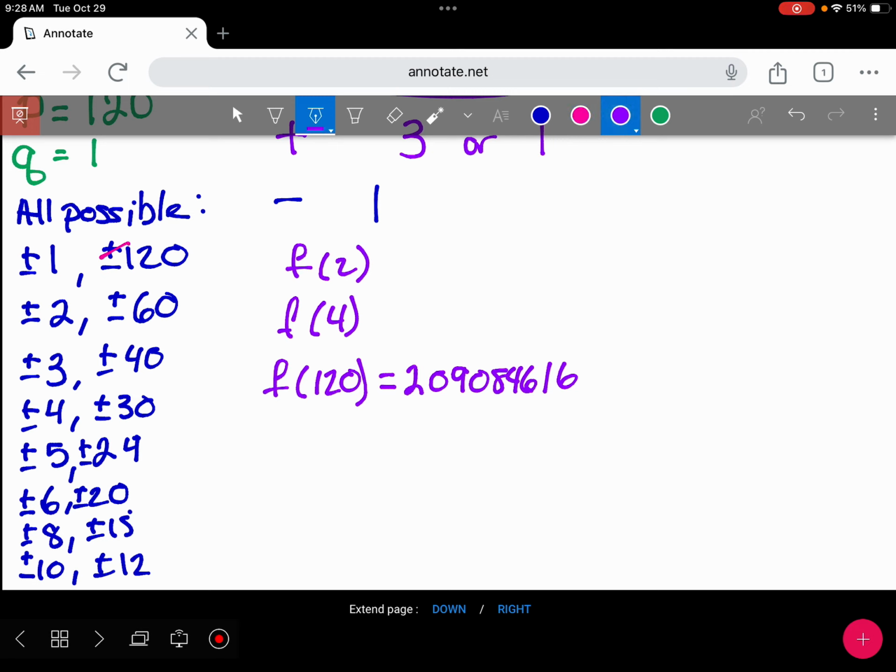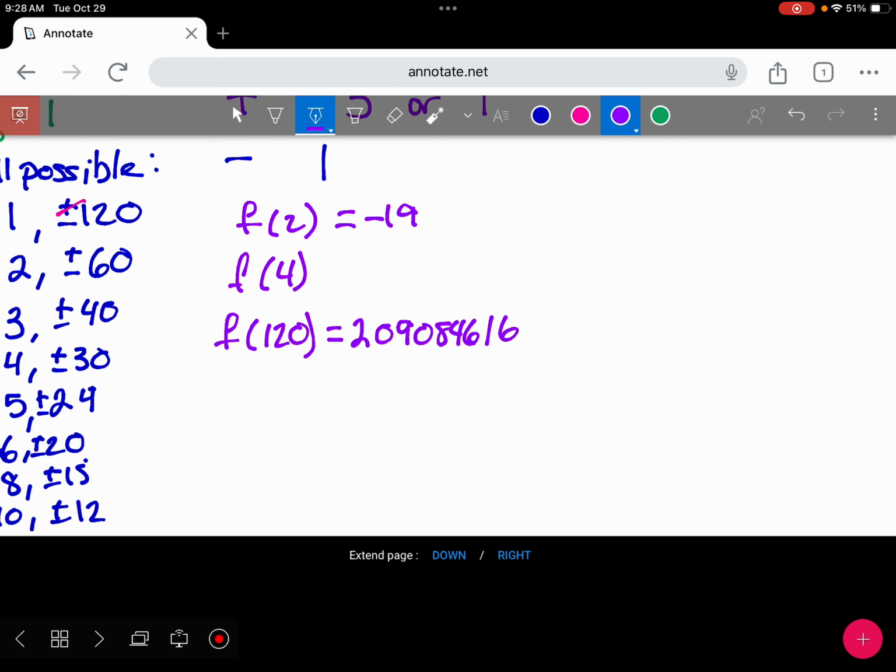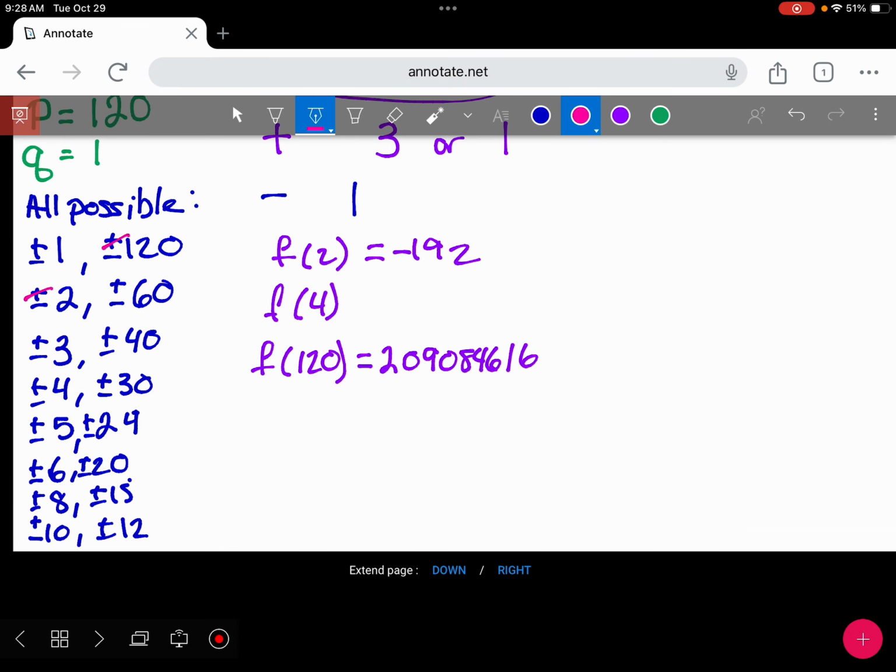For 2, I got negative 192, so we know it's not going to be a positive 2. Who was doing 4? Negative 315? 360. Okay, well, it's not that.